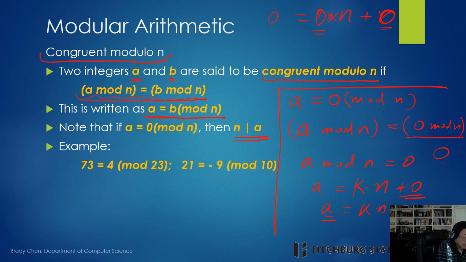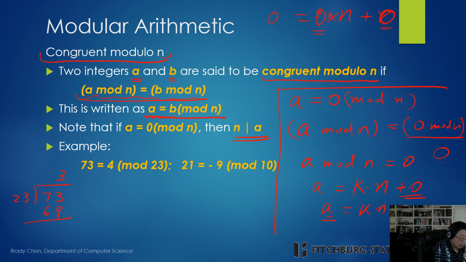So now here are two examples. We say 73 is congruent to 4 modulo 23. Why is that? Because when I divide 73 by 23, what's the quotient in this case? I put a 3, so it's 3 times 23, that's 69.